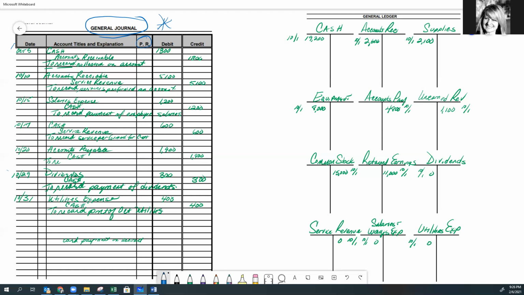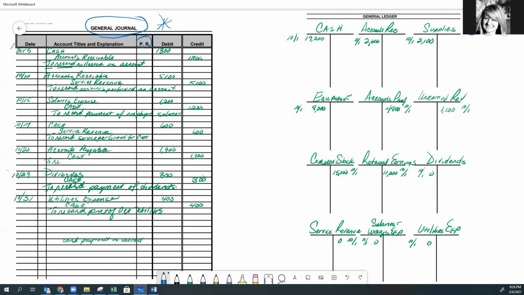For simplicity's sake, we're not going to hold you responsible for doing that. Plus, when we use accounting software, which everyone uses to do this, we never do this by hand. This is just for you to learn what the accounting software is doing. You have to learn it by hand before you will know what the software is doing. So the software will complete the posting for you and give you a posting reference.